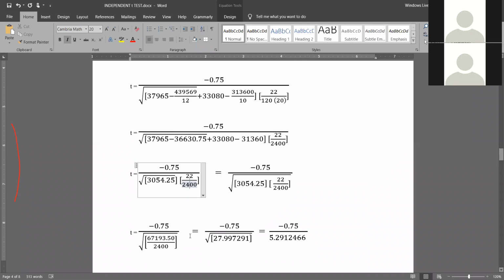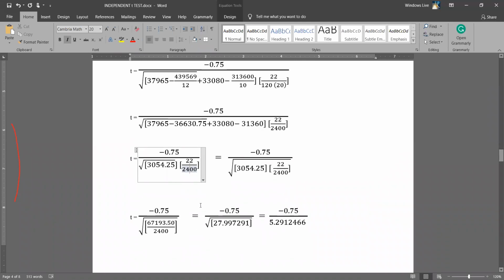All right. So when you are done, you can solve the denominator. Since there are two brackets, it means there's a multiplication sign here. In math, that's how we do it. There's a multiplication sign, but we don't write it because there are two brackets.